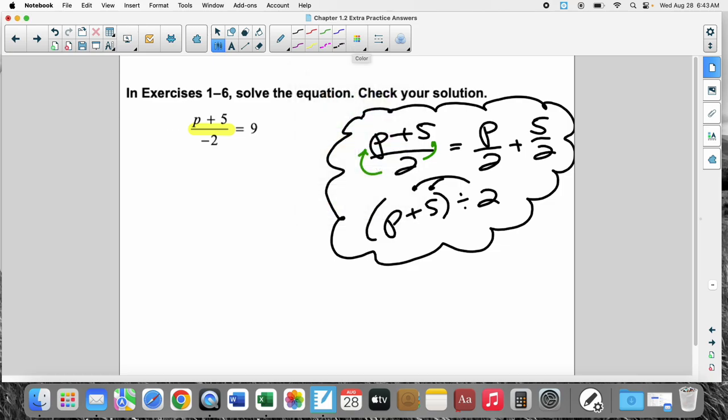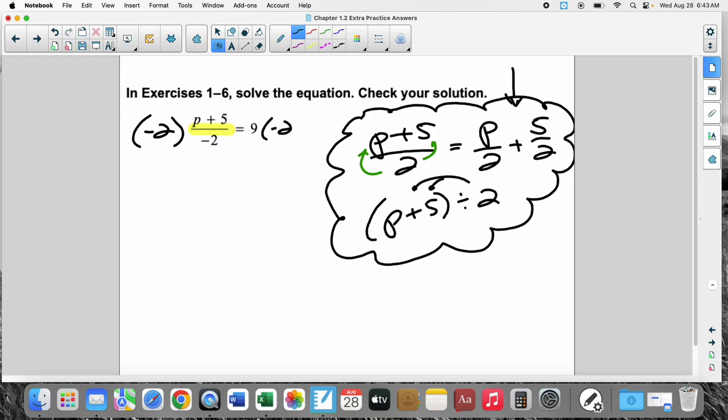So I can't get rid of that plus 5 yet. You cannot subtract 5 because, as we see over here, there is no 5. That's 5 over 2, and we wouldn't subtract 5 over 2 either. What we have to do in this specific example, very rare example, is we have to get rid of this denominator first. This dividing by 2.